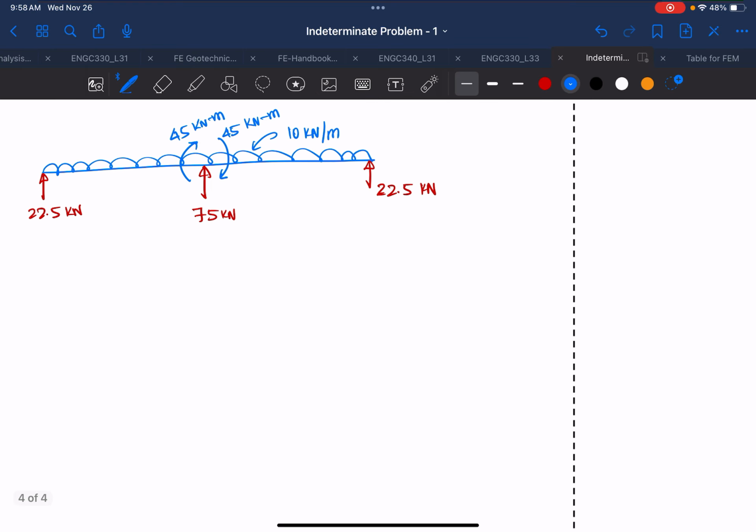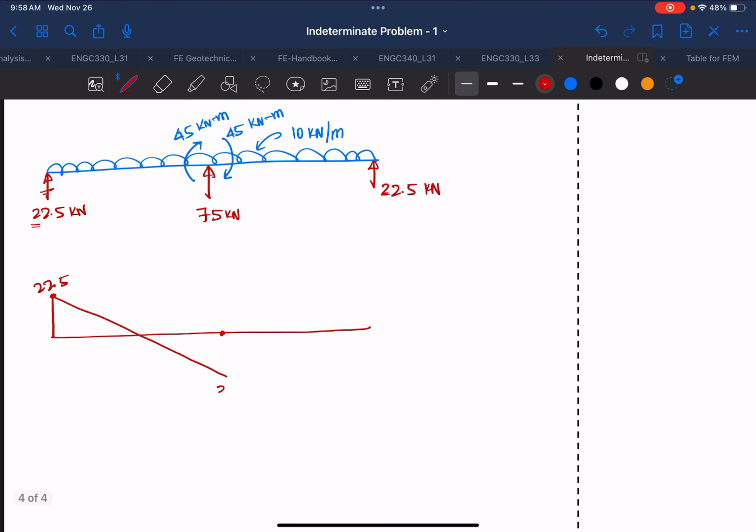So how do we draw the shear force now? This is positive, so it must go up, and how high? It's 22.5. You can see that the direction also is upward, so that's why it has to go upward. This is a uniformly distributed load, so it has to go in a linear slope, and at this point we know that VBA is 37.5 kilonewton.